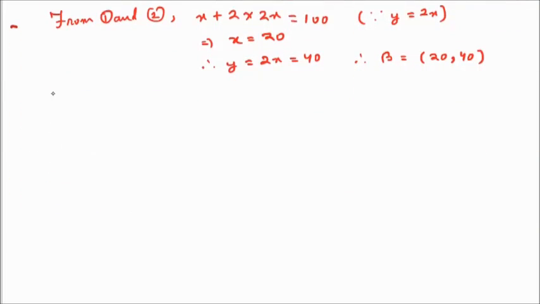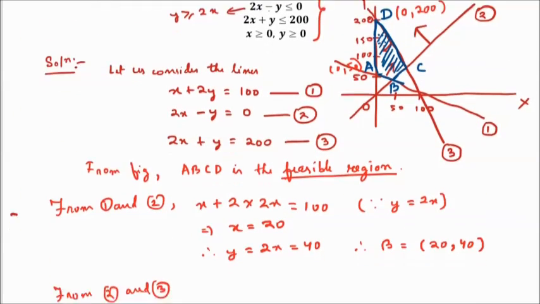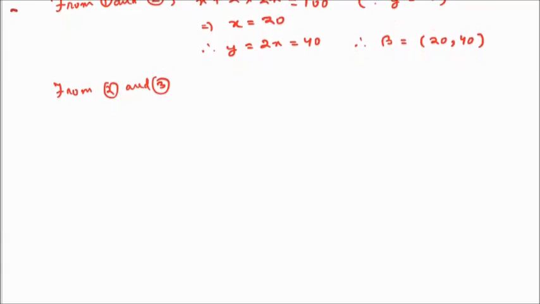Next, to find the coordinates for C, let us solve equation number 2 and 3. Why? Because our C was the intersection of line 2 and 3. So if I solve this 2 and 3, I will get 2x plus 2x equal to 200.